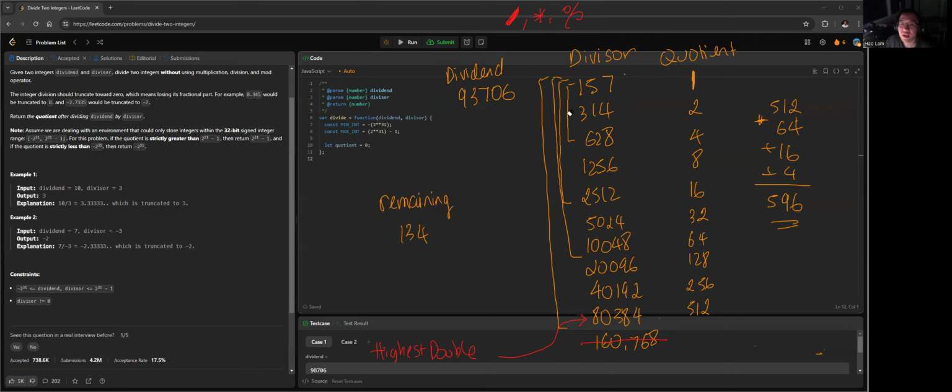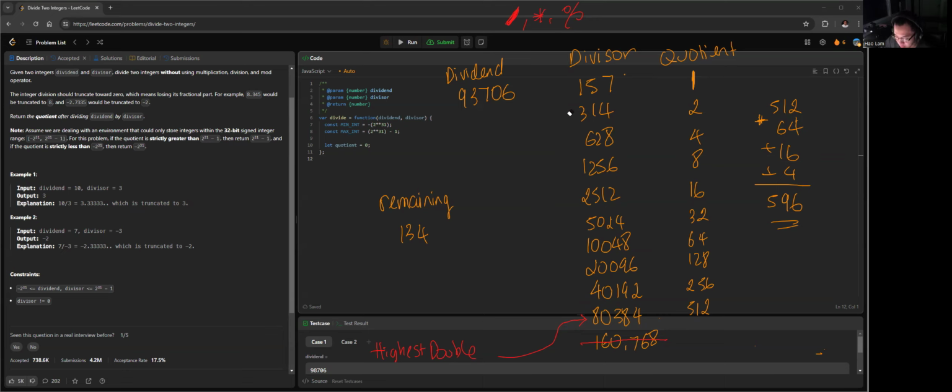So instead of doubling again, we can do something else. After we find the highest double and get the value here, we can divide the highest double by half until we get to a number that is smaller than the remaining.